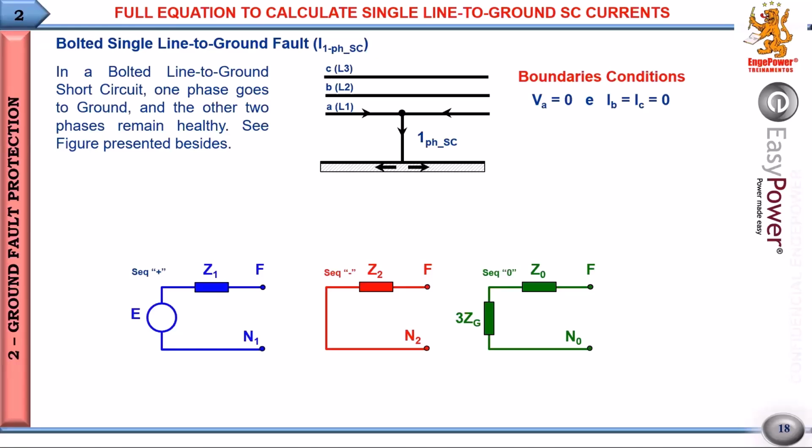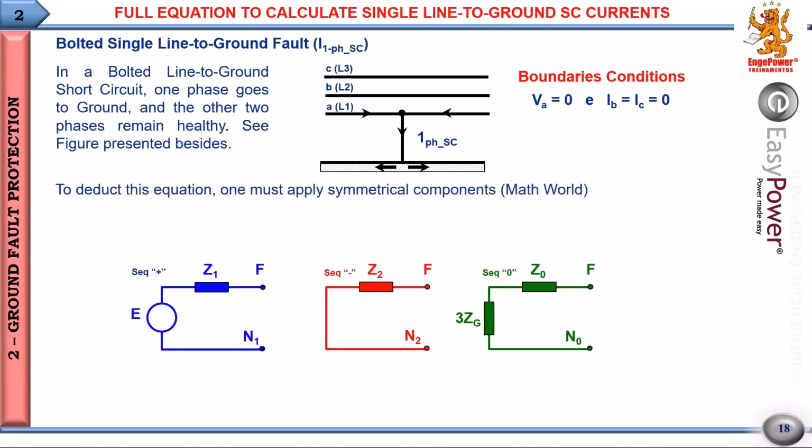And since the short circuit currents normally are very high, or greater than the full load amps of the other phases, most of the literature assumes that IB equals IC equals 0 for phases B and C. So now we have to go to the math world.